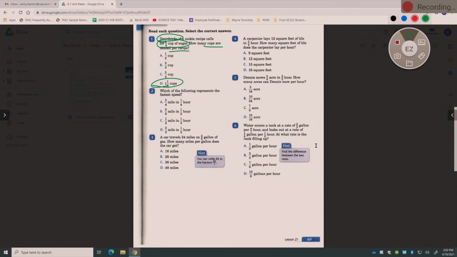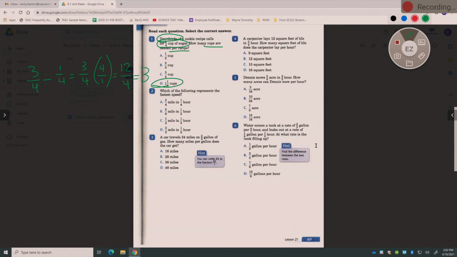So for A, we're going to do 3/4 divided by 1/4, which is the same as 3/4 times 4 over 1. And that would be 12 over 4, which is 3.